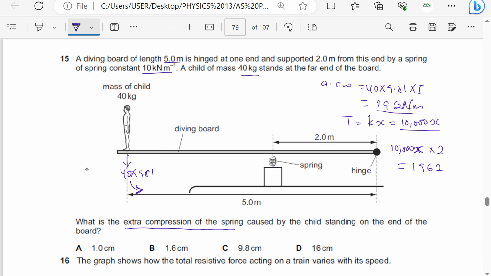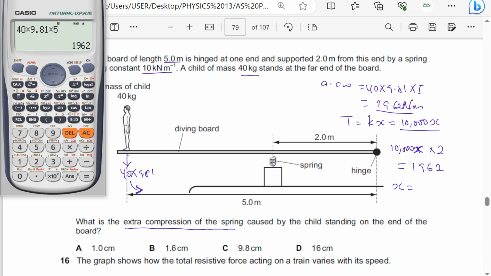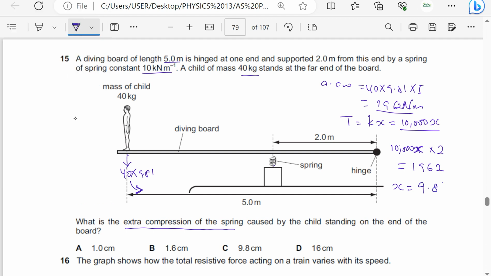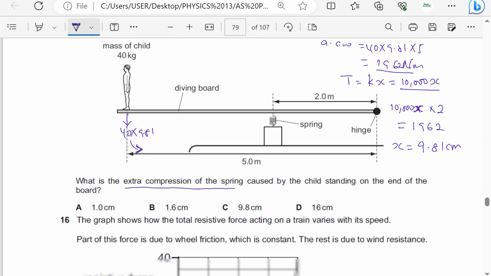So what is x? x is going to be 1962 divided by 2 times 10,000, that is 0.0981. The answers are given in centimeters, so I will multiply this by 100. It is 9.81 centimeters. So the answer is going to be C.